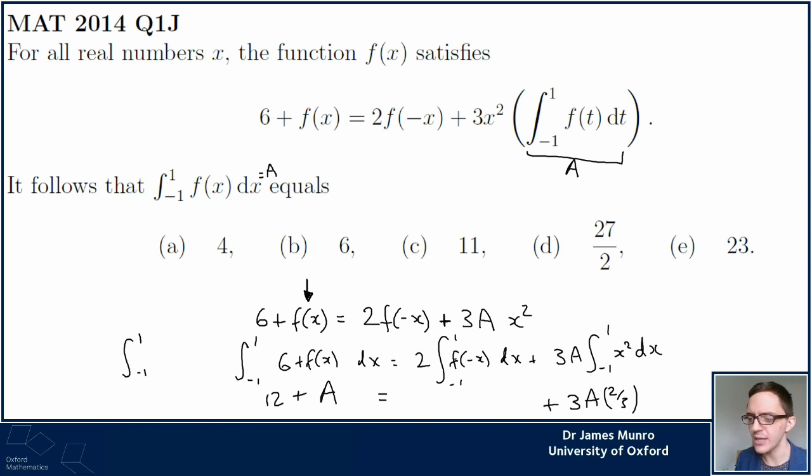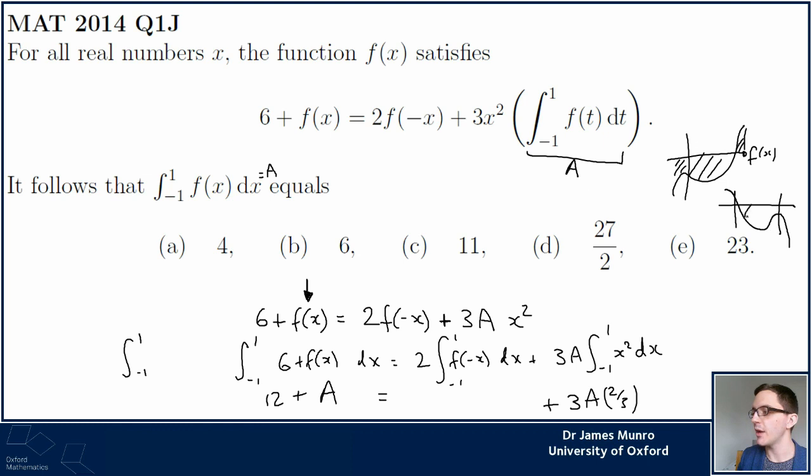Okay, last one here, I've got the integral of f of minus x dx. So this is what happens if you take the graph of f of x, look at this area, and then flip f to be the other way around, so this is now over here somewhere, and work out this area.